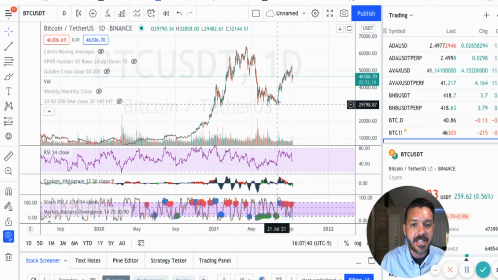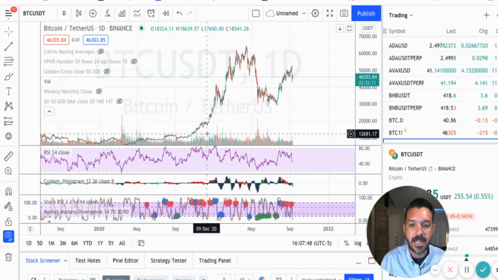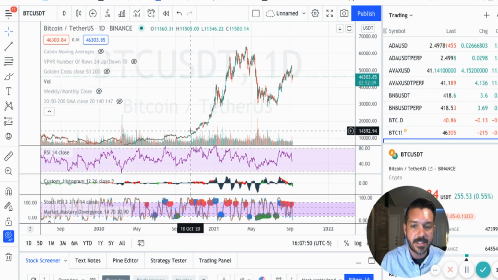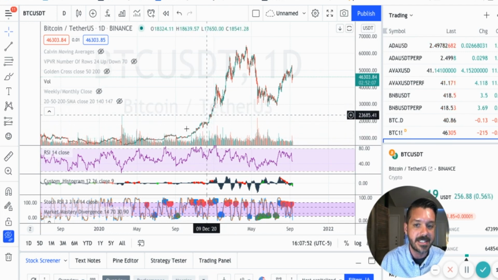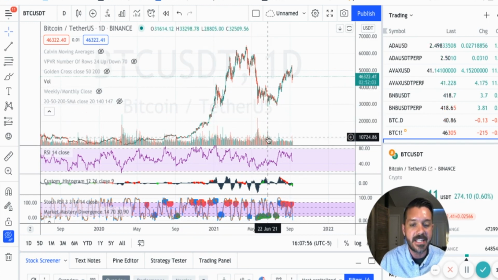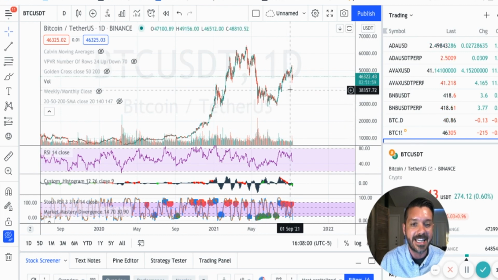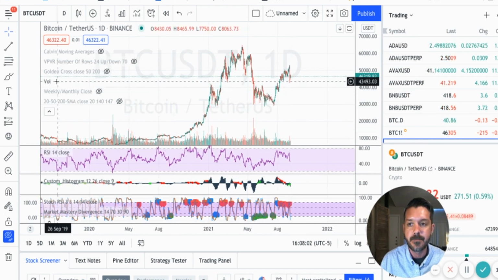In an ideal world, as price action goes up, we want to see volume going up too. So you can see right here, as we started to rise, what's happening? The volume is rising as well. And so that creates confluence that this is a strong trend. And so this is just another piece of data that we can analyze as we're deciding when we want to get in and out of trades.